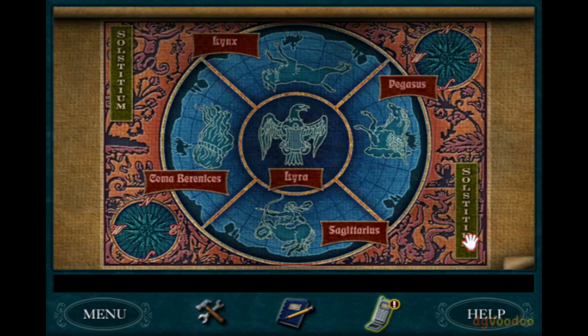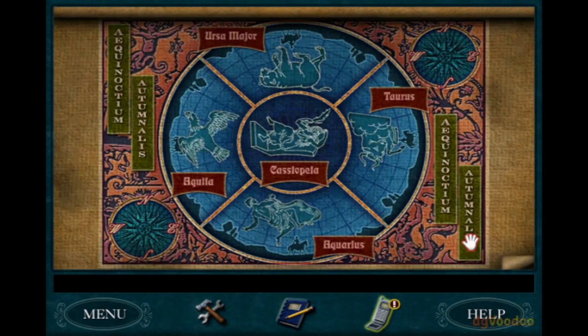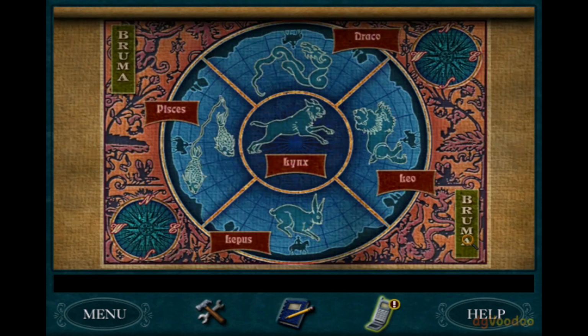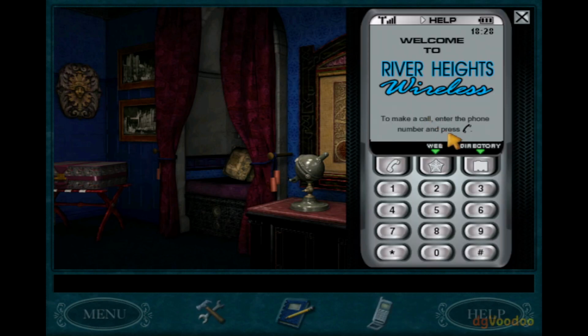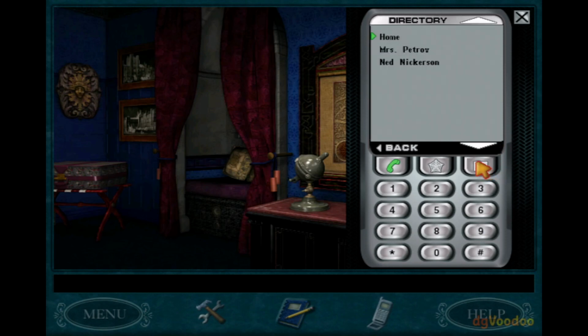But I don't think this is going to be the thing that is going to help us determine what we need to do with the box. What do we have on our phone? We've got home, Mrs. Petrov, and Ned. So weird that we don't have George and Bess here this time.